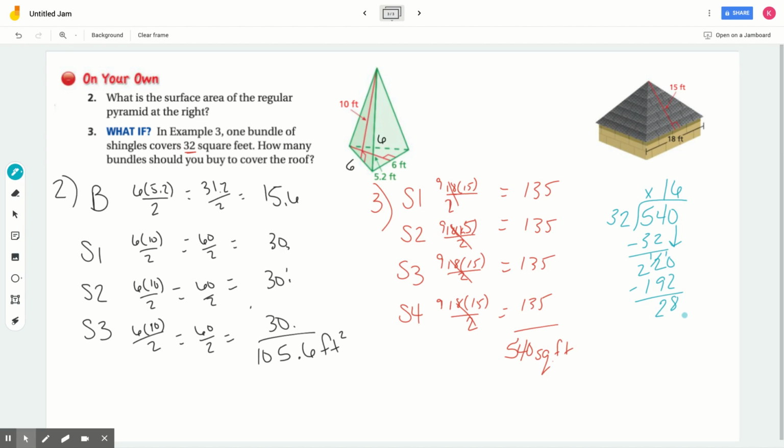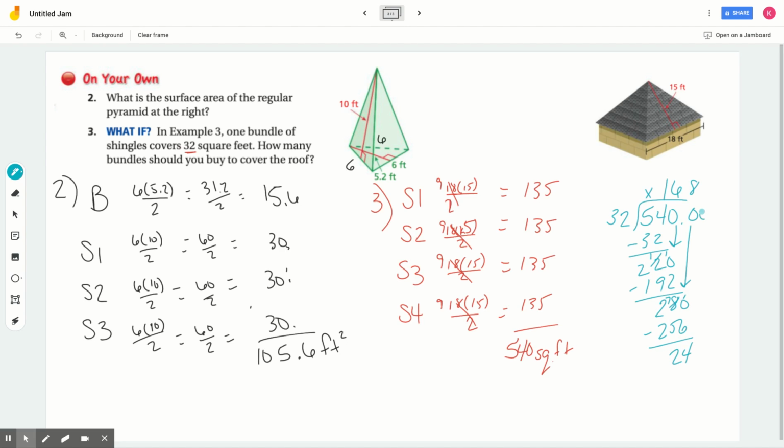Now, since this doesn't come out evenly, we could either write this as a mixed number, or we can add a decimal and a 0 and keep dividing. 32 can go into 280 8 times, and 32 times 8 is 256. Again, we borrow to subtract.